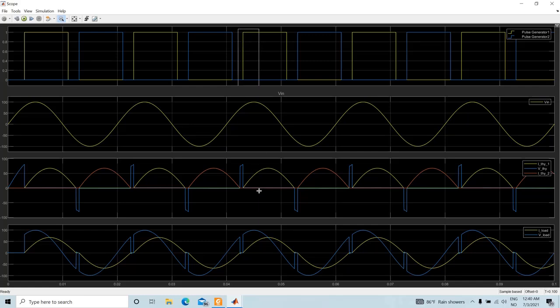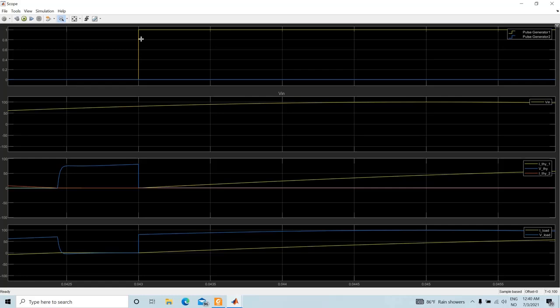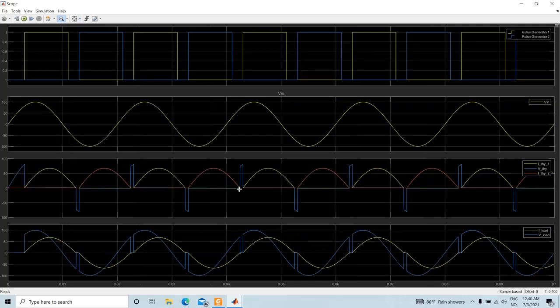If you zoom in here, this is our alpha, our triggering angle, and the thyristor starts conducting here. Before that, this is the moment when we do not have any conduction in the thyristor, and at that time a voltage stress appears across the thyristor, which is basically the same as the source voltage at that particular moment.